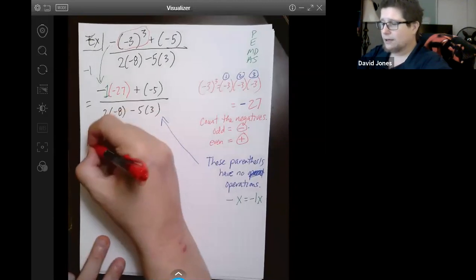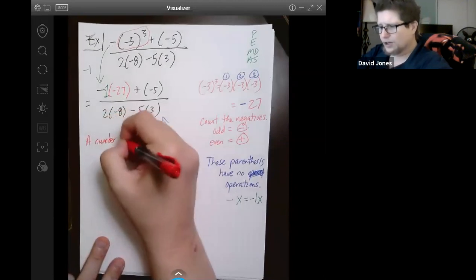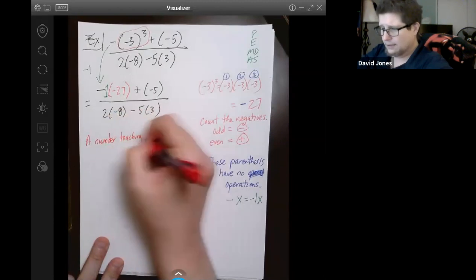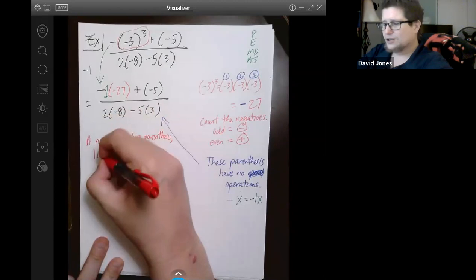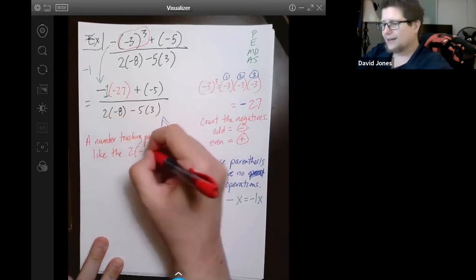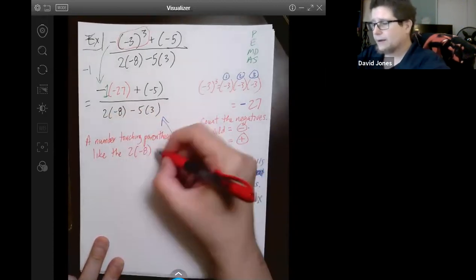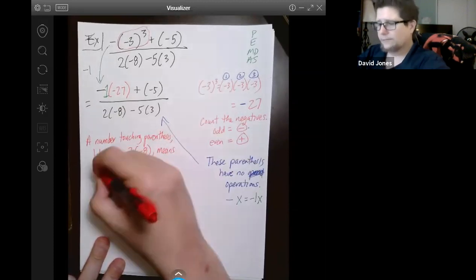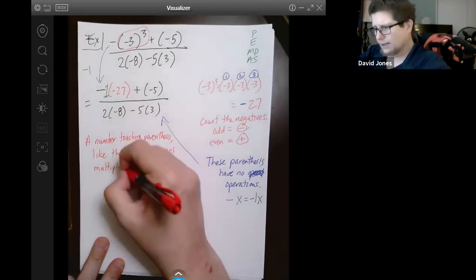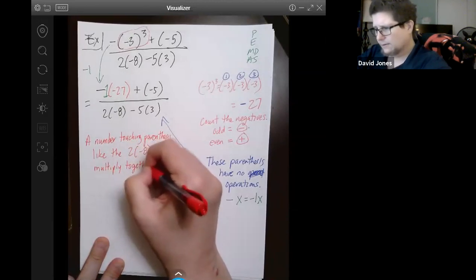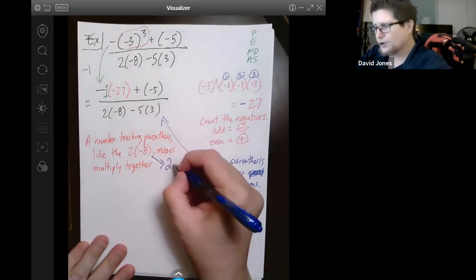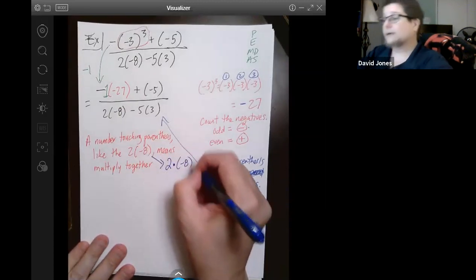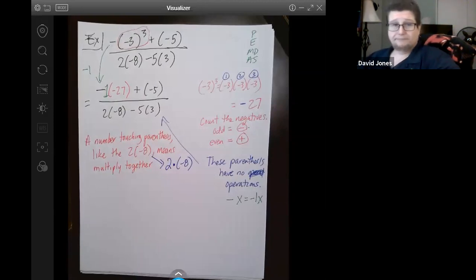A number touching parentheses like the 2 parentheses -8 means multiply them together. This is effectively a shorter way of writing 2 times -8. Okay? So we're going to do that.